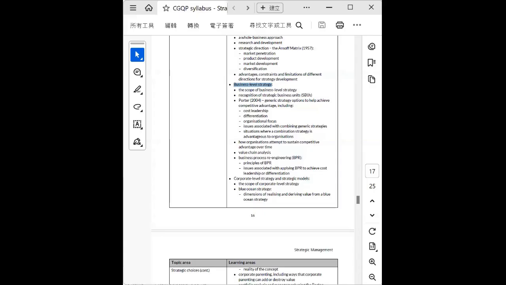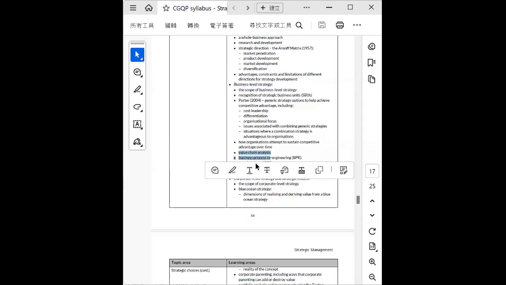And then how organizations attempt to sustain competitive advantage over time. I mean, that's related to the sustainability issues that we have discussed earlier in section C. Value chain analysis, again, that's Porter's value chain analysis.